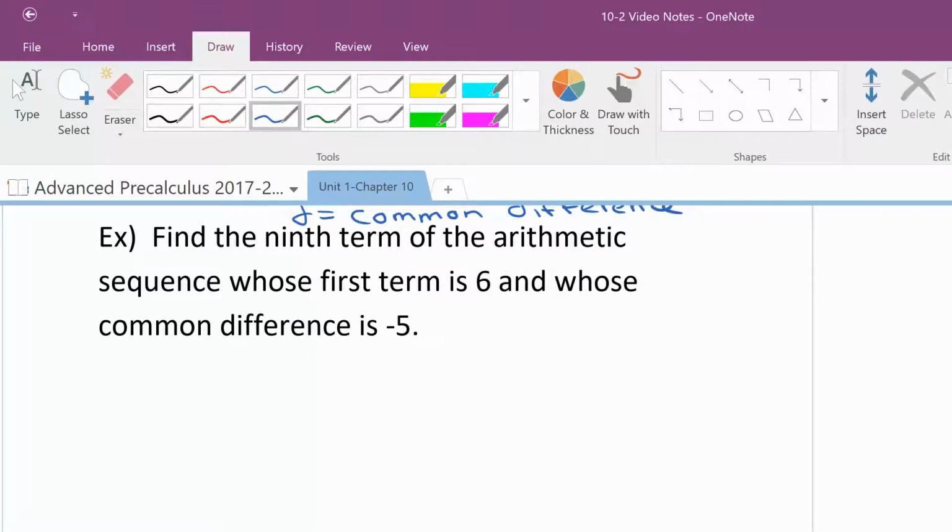If you're trying to find the 9th term of an arithmetic sequence whose first term is 6 and whose common difference is -5, you could list out the first 9 terms, but if you're trying to find the 200th term, that would take a long time. So first, find a formula for the nth term.